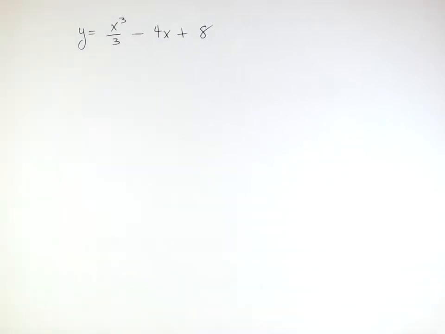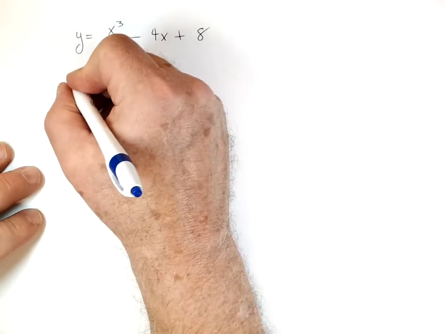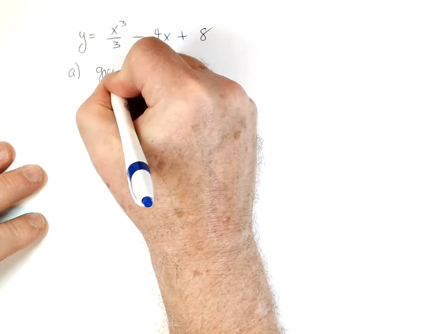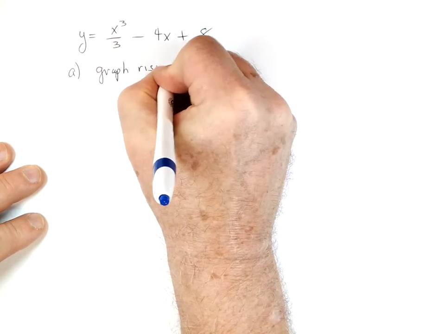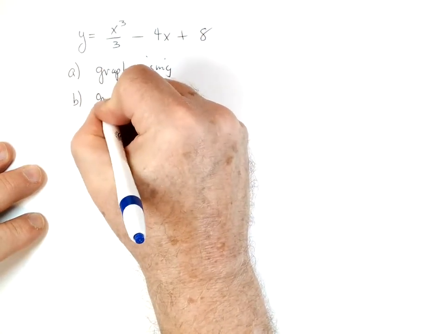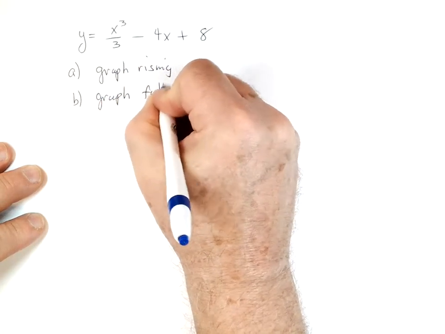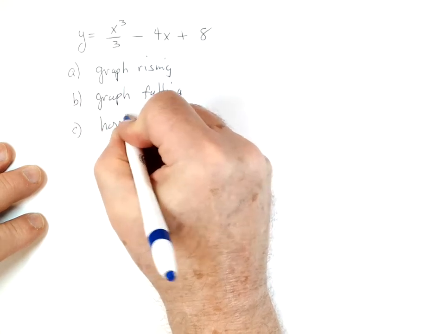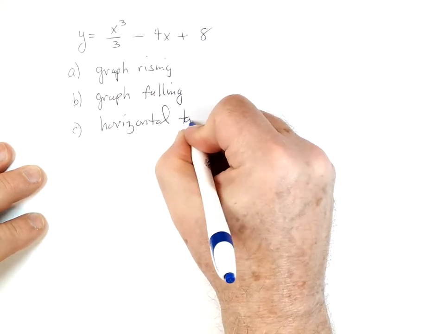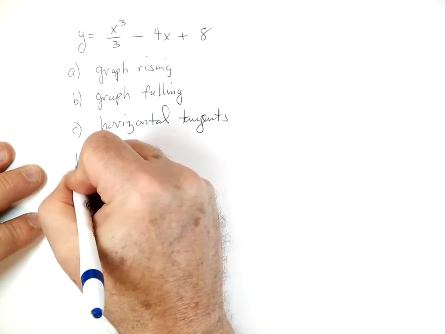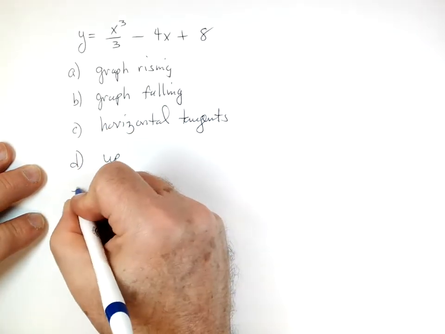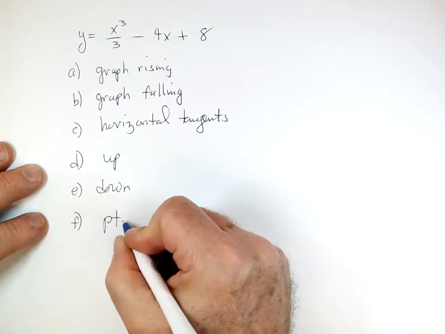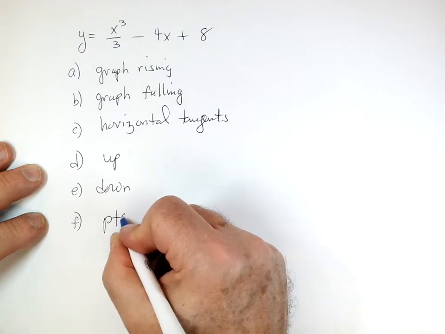Here's what I think you should do. Find where the graph is rising, where the graph is falling, where we have horizontal tangents, where it's concave up, where it's concave down, and where we have points of inflection, maybe.